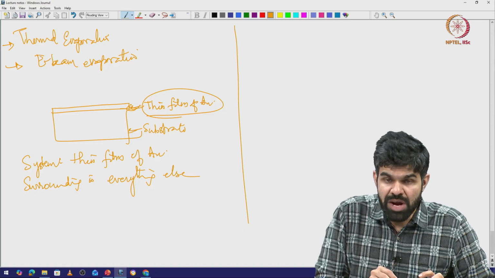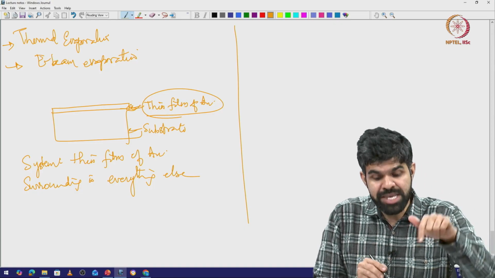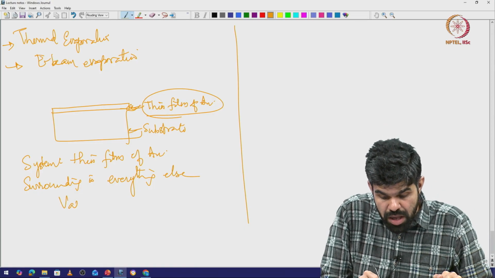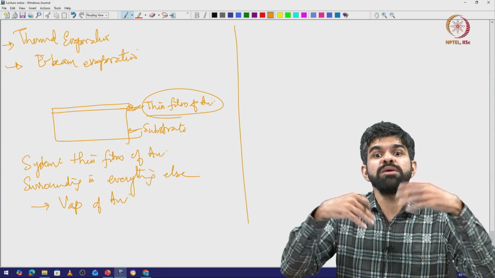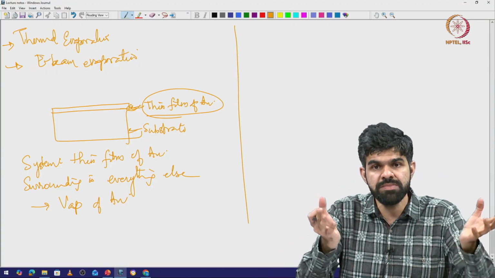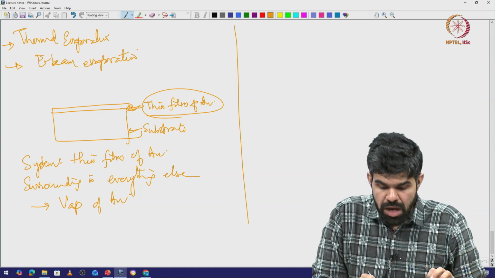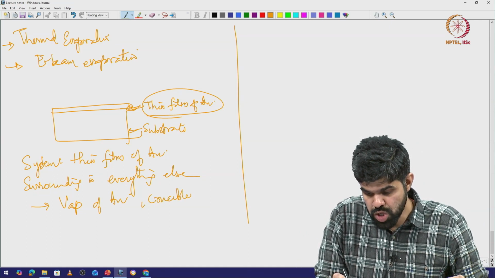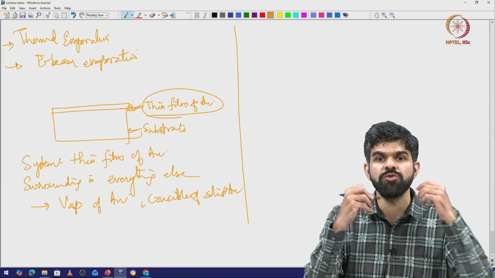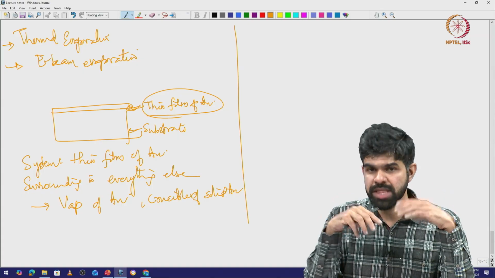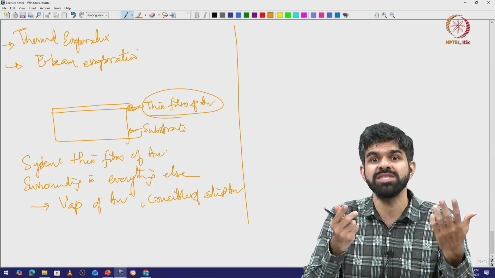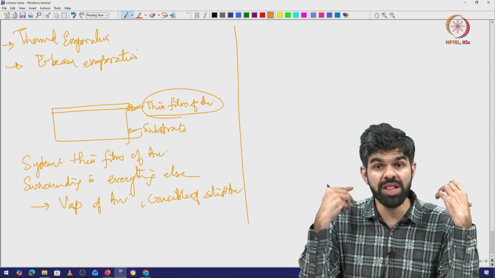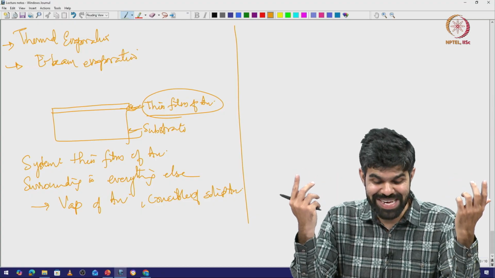Surrounding is everything else, and everything else includes the vapor of gold, how you are getting this vapor of gold from that crucible, the crucible of solid gold, and the vacuum chamber, the pressure inside the vacuum chamber. All these belong to the surroundings, correct.